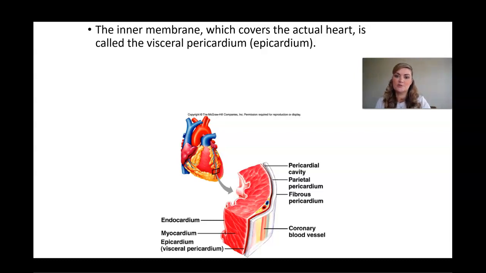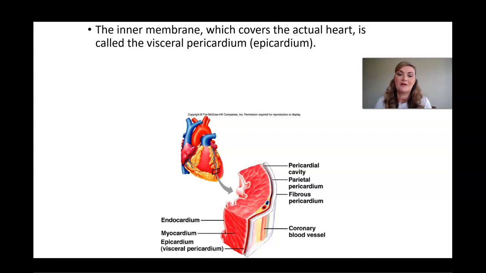Looking at this picture, you can see the actual heart muscle, which is the myocardium. The endocardium is a smooth, slick-like structure, which is the inner portion of the heart. The outer section of the heart is referred to as the epicardium, and that's where the visceral pericardium is attached.